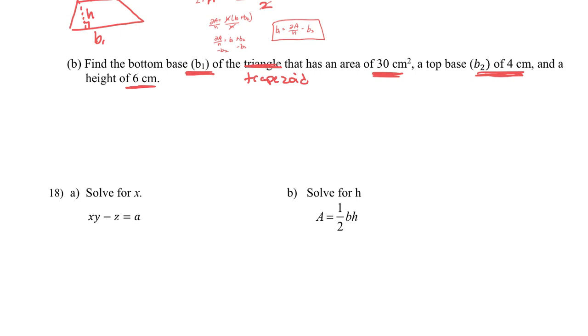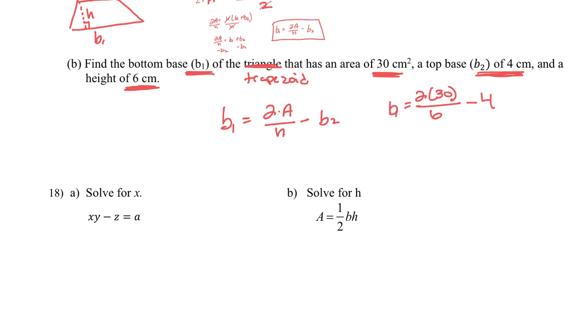So if I take this new rearranged formula that says b1 equals 2 times a divided by h minus b2, and I start plugging my numbers in, A is 30, so I got b1 equals 2 times 30 divided by h, which is 6, and then minus b2, which is 4.